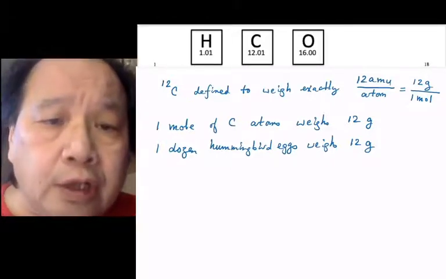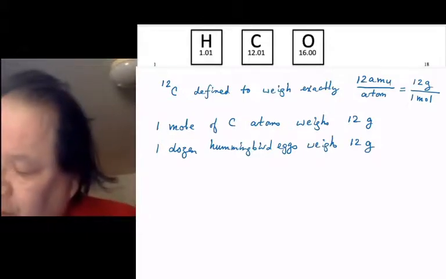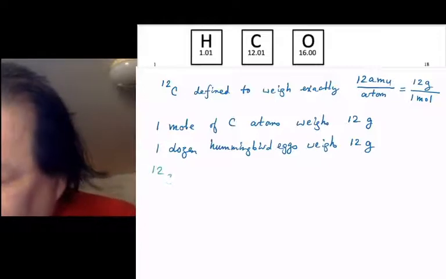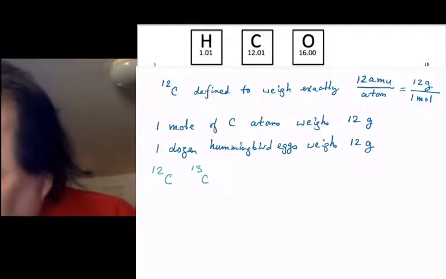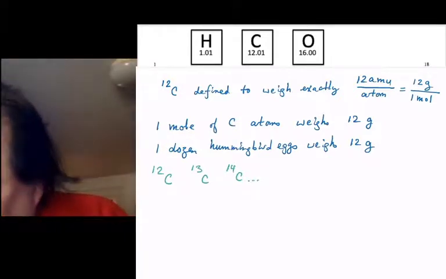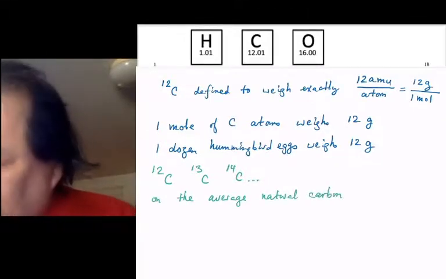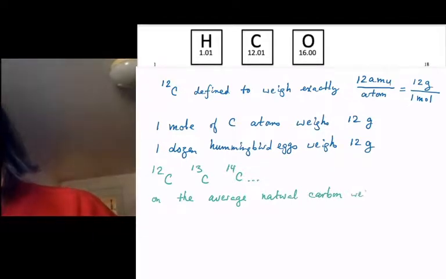So let's look at carbon. You see it's 12.01. And why is that? Well, not all carbon is carbon-12. Most of it is carbon-12. But there's also a little carbon-13, carbon-14, and so forth. And what it is on the average, natural carbon, which is carbon that's found on the earth, weighs 12.01 grams per mole.